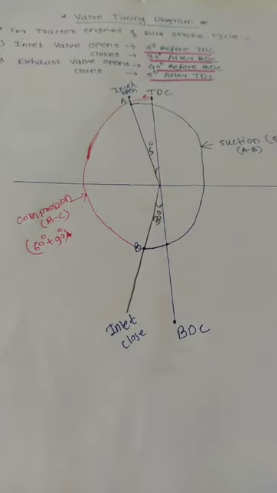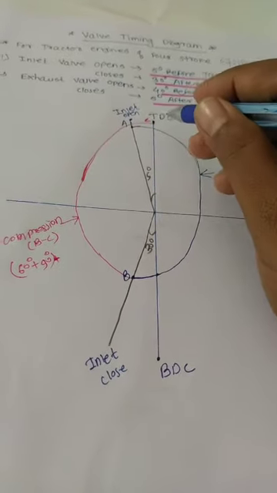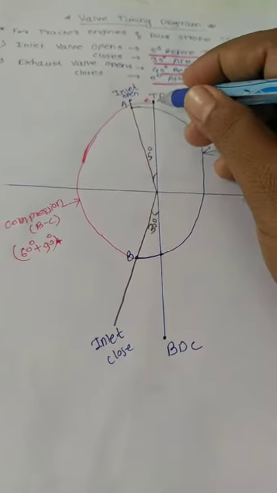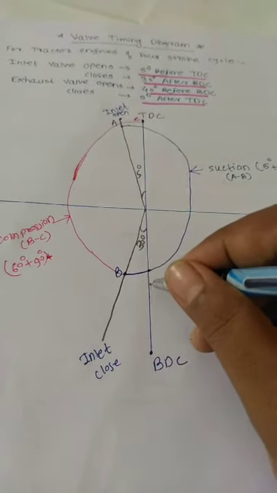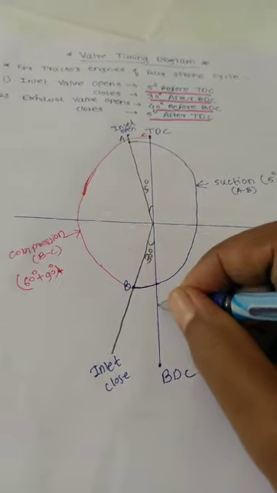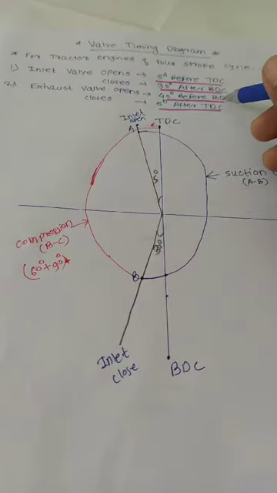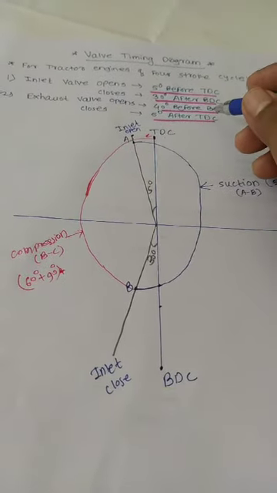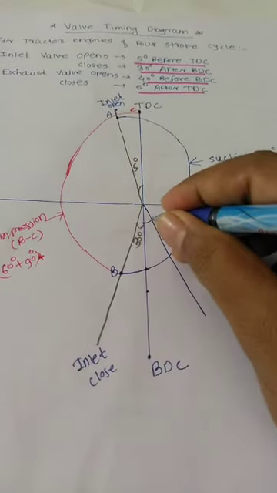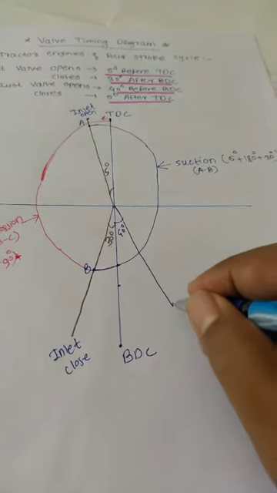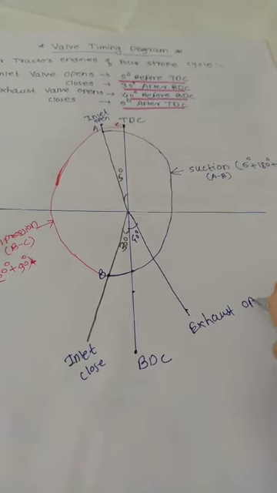Now the power stroke actually starts with the piston at TDC, and it should end at BDC, but the exhaust valve will open 40 degree before BDC. That's why the power stroke will end before BDC. This point is called exhaust open.